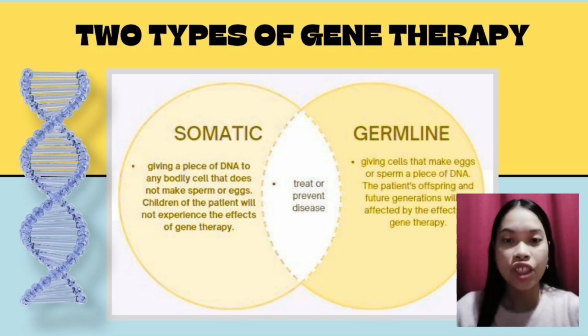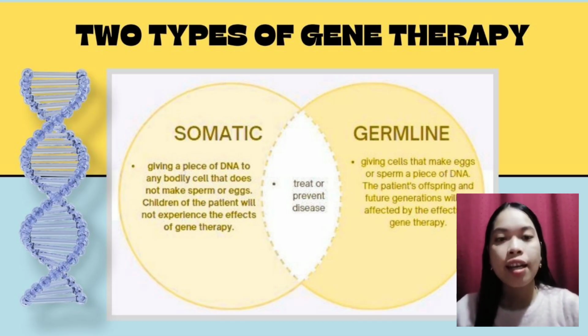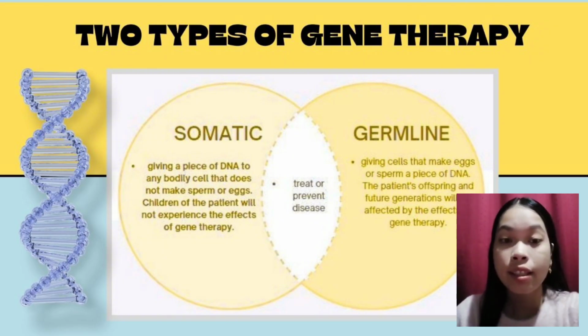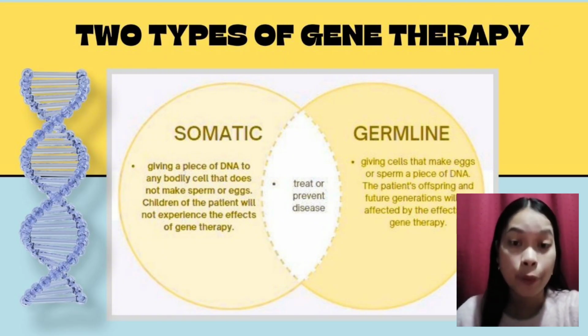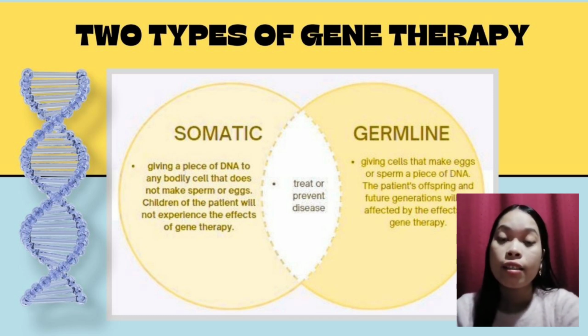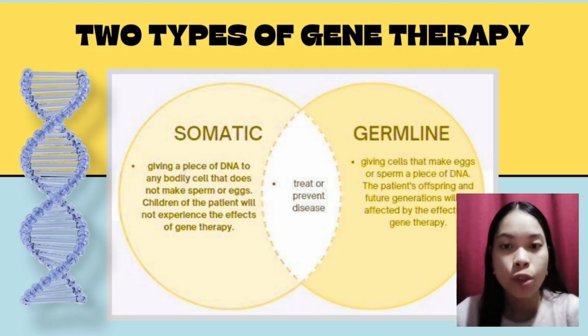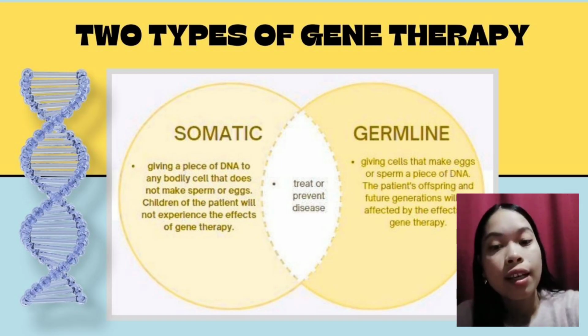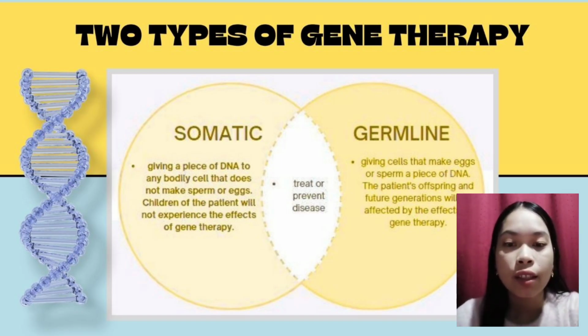Now, germline gene therapy, on the other hand, is the forever fix, wherein that kind of therapy is not allowed for use in people because it is seen as too risky and raises huge ethical questions. The target for it is germ cells, which means giving cells that make eggs or sperm a piece of DNA. And the result is the change is built right into the human blueprint and is permanent.